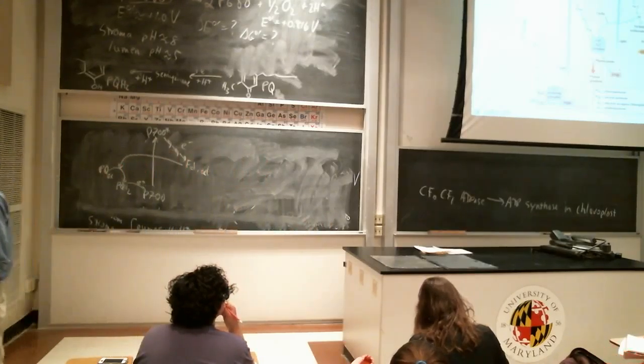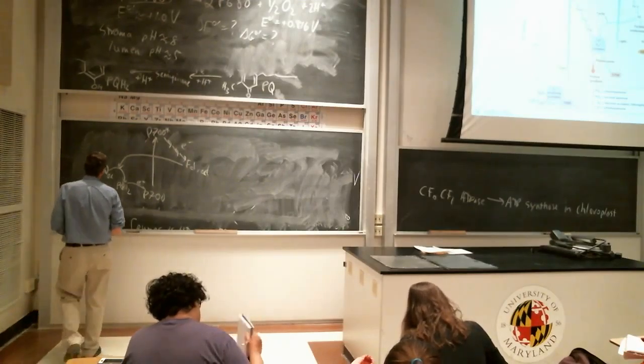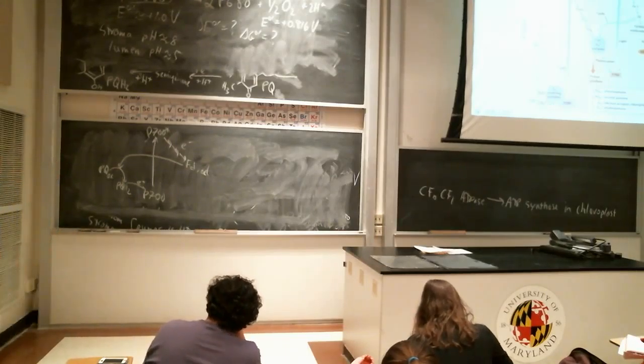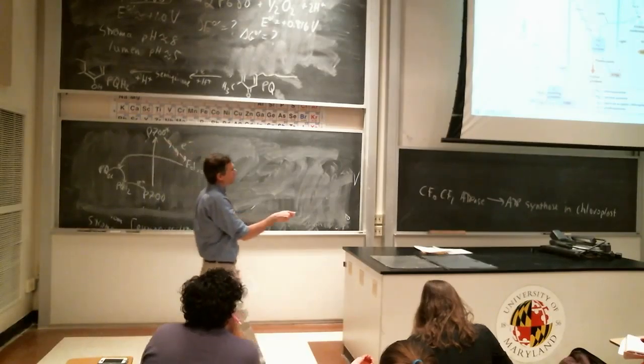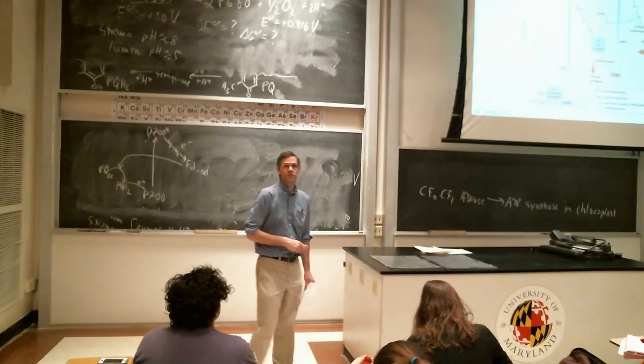So why would a plant do this? It seems kind of pointless, right? But it's not pointless, because what they're showing on the slide is that these electrons are being transferred to P700 via the cytochrome b6f complex.